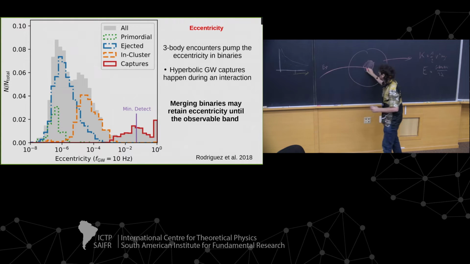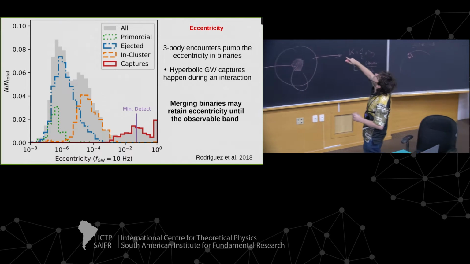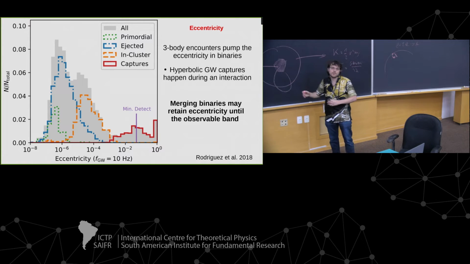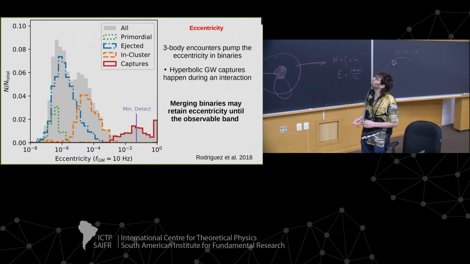So sometimes you can kick out a binary, but it will still remain bound. So it will take some time to come back. And in this case, I think that's the green distribution. So no, wait, the in-cluster distribution. So the binary is still in the cluster, but it merges, maybe not in isolation, but it's considered as if it was in isolation. And then you have primordial binaries.